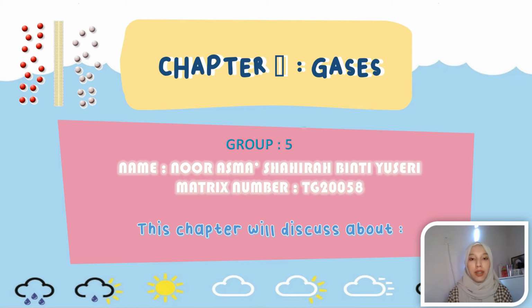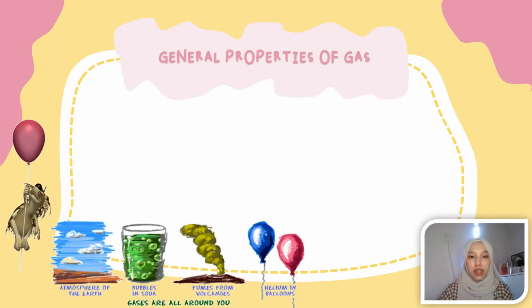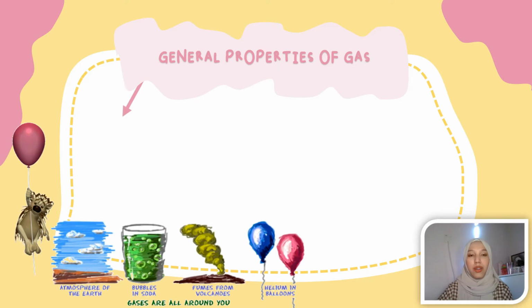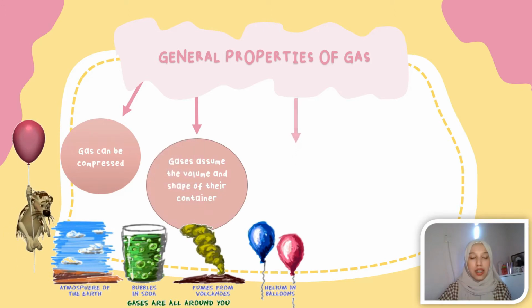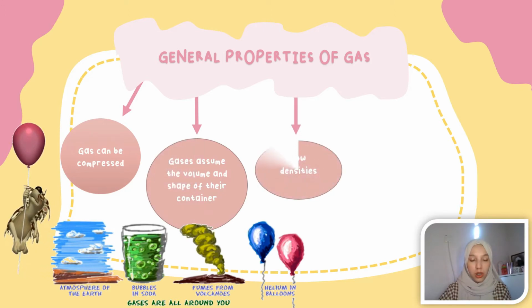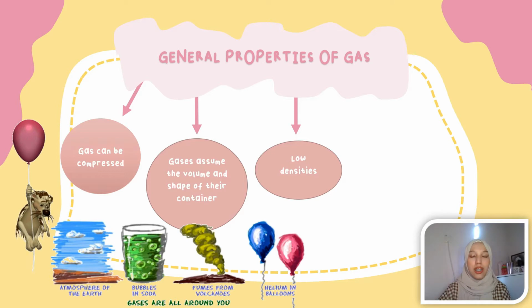Okay, I will present to you chapter 7, which is gases. This chapter will discuss the general properties of gas. In general, gas has four properties. The first is that gas can be compressed. Second, gas assumes the volume and shape of its container.